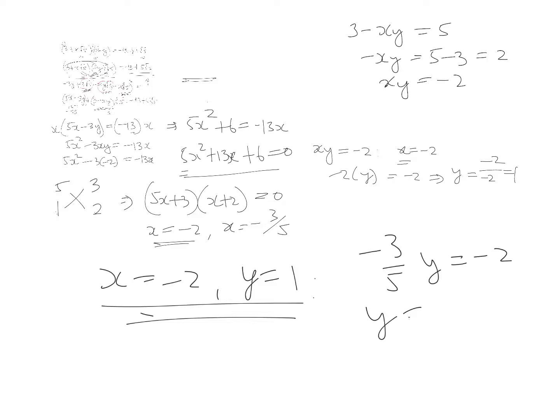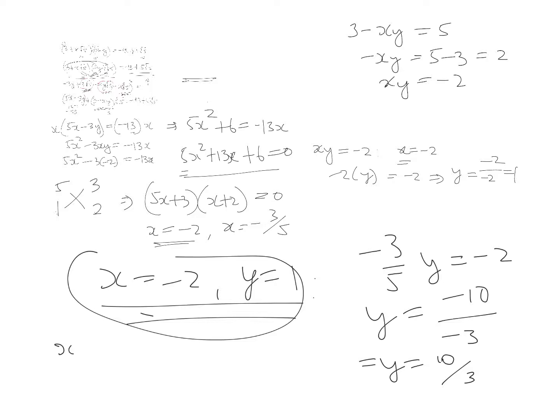So y would be equal to negative 10, if I bring the 5 over to the other side and I divide by negative 3. Sorry, it would just be 10 over 3, not negative 10 over 3, because the two negatives cancel. 10 over 3.